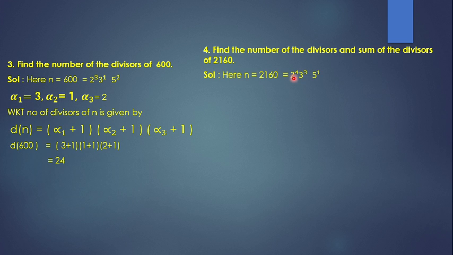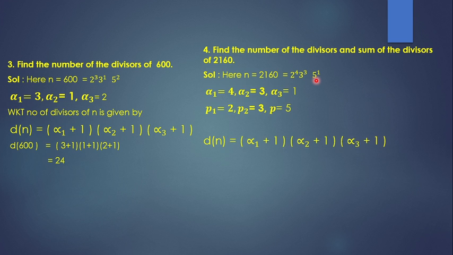As we know, 2, 3, 5 represent p1, p2, p3 and 4, 3, 1 represent alpha 1, alpha 2 and alpha 3. Therefore, d of n, that is the number of divisors, is given by this formula. Substitute the values of alpha and simplify. You have d of 2160 equals 40.